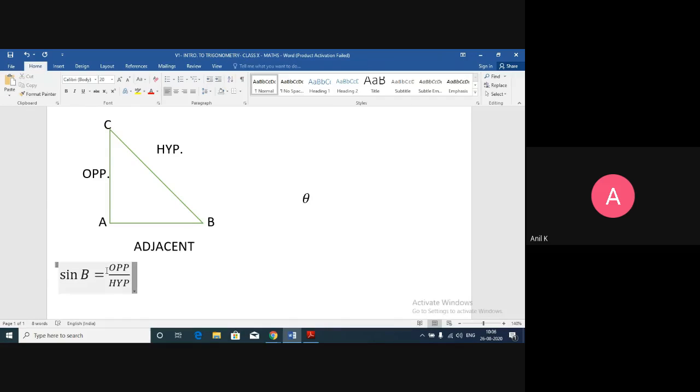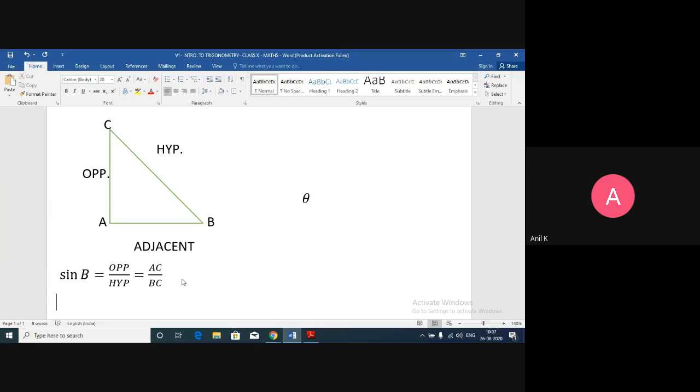Or if you want to write it in terms of A and B, it equals opposite side AC upon hypotenuse BC. This is the definition of sine B.